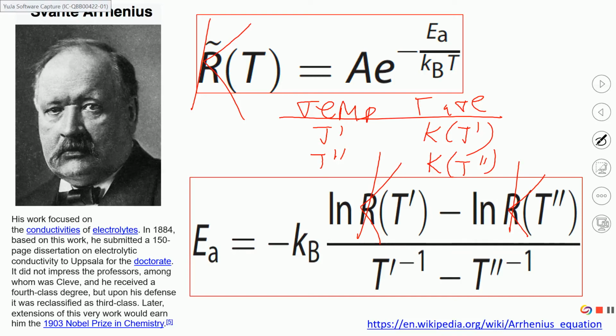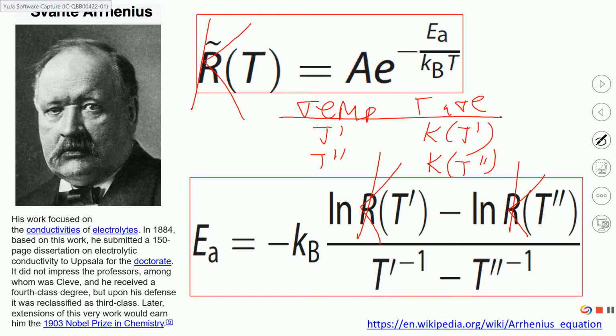And if we take the logarithm of the left and right part of the Arrhenius law, the logarithm of the rate equals minus activation energy over the thermal energy, right? And one can solve this equation for activation energy.